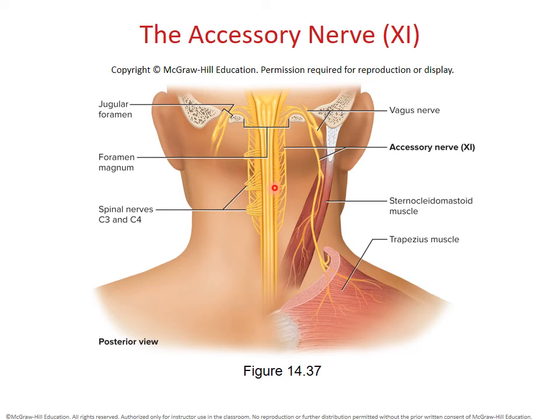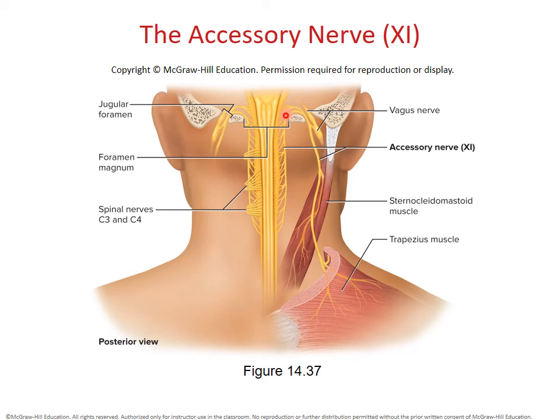So it really is a spinal nerve. But what it does, very interestingly, is it passes up through the foramen magnum into the cranium. And then it does an immediate U-turn and comes back out through the jugular foramen along with the vagus nerve, and then goes on to the sternocleidomastoid and trapezius muscle. So it's called a cranial nerve because it comes out of the jugular foramen to get to its effector muscles.